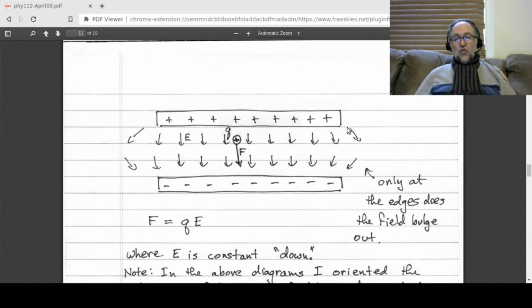Okay, so I did draw the electric field kind of like bulging out at the edges here like that, but everywhere in the middle of these parallel plates, the horizontal components of the forces are all going to cancel, and the symmetry is going to insist that the electric force be purely down. As you can see here, my F is purely down. Okay, and that means that the electric field is purely down.